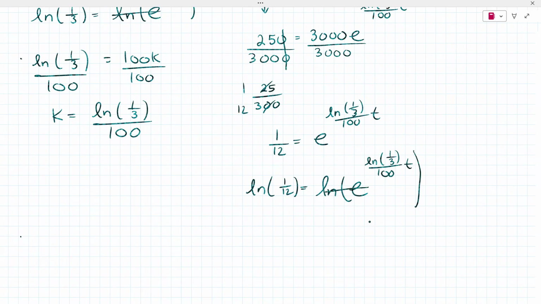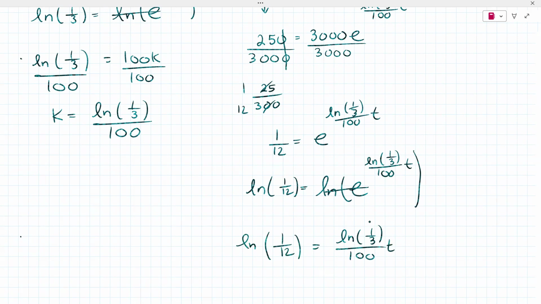And then the ln e cancels, so you're left with ln of 1/3 over 100 times T, and then you have ln of 1/12.